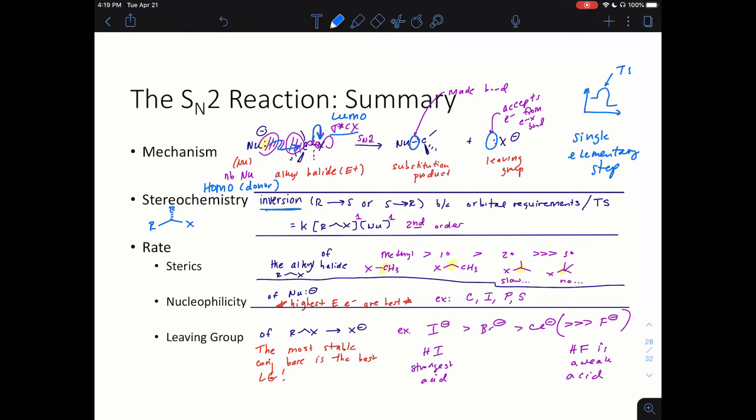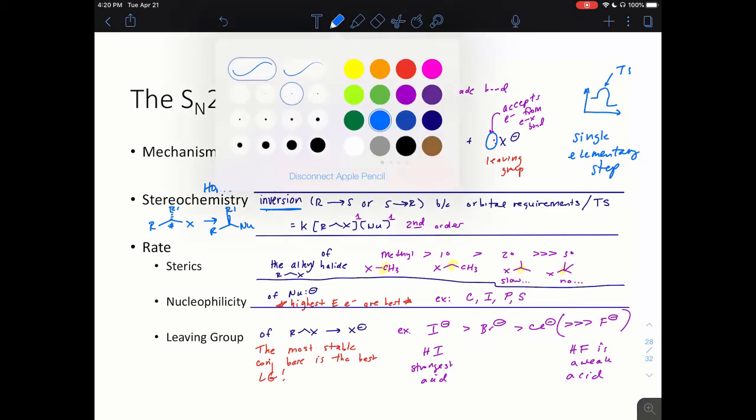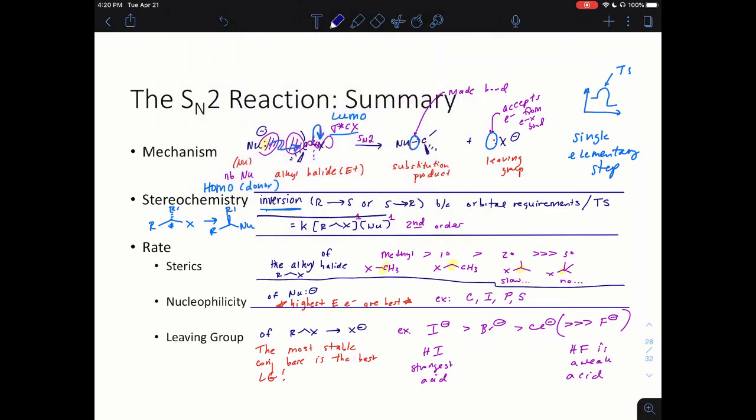So we know that's not going to be super common for the SN2. But if you do have a chiral alkyl halide, we will observe inversion of stereochemistry. R will go to S and S will go to R. And that is because of the orbital requirements and the transition state that we examined.